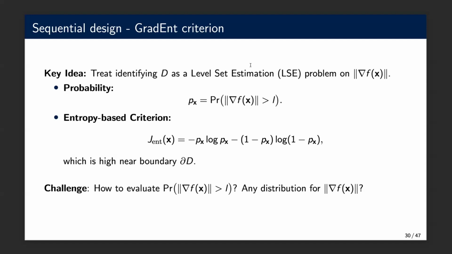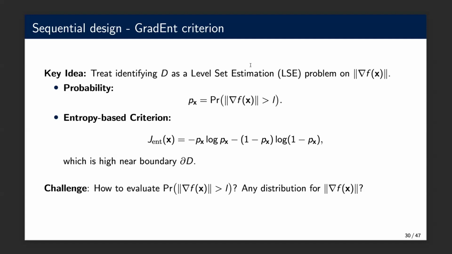So I think about the probability that the gradient norm is beyond a certain threshold, which, recalling the definition of region D, is the probability of the point X belonging to region D. There is a very well-known entropy-based criterion to sample the next design point X.